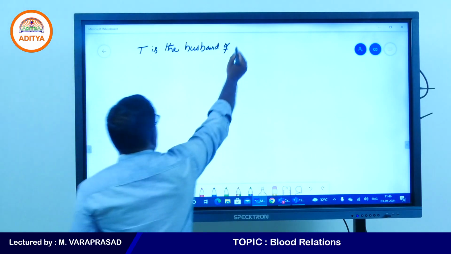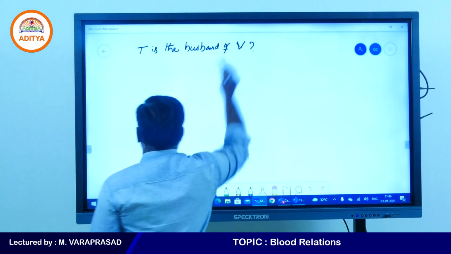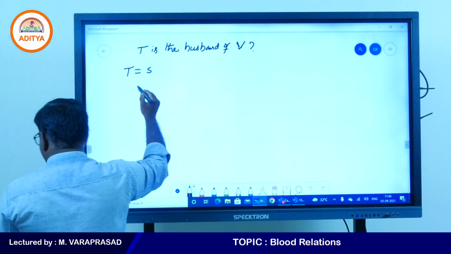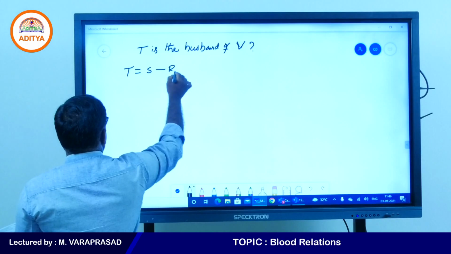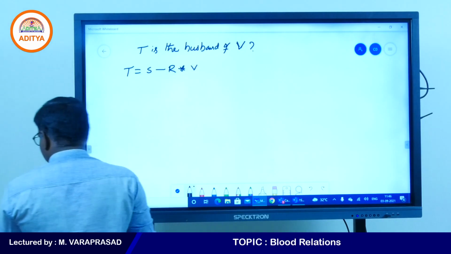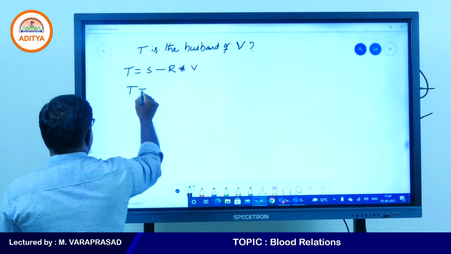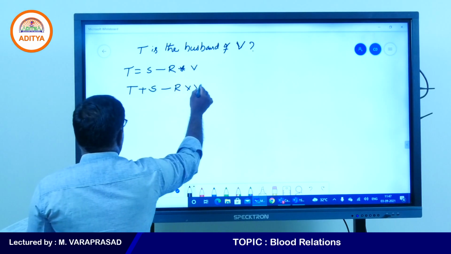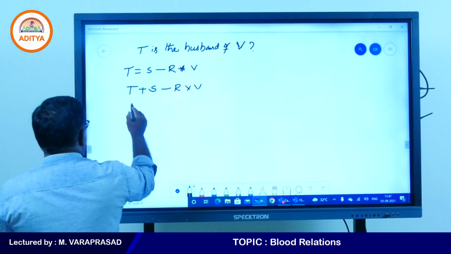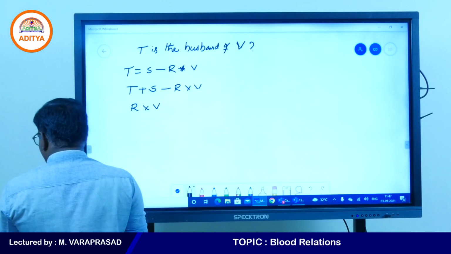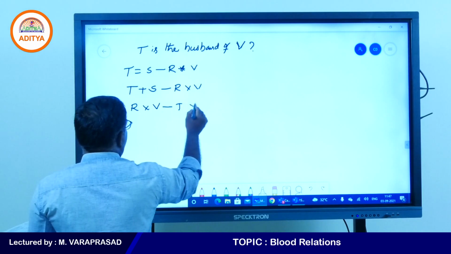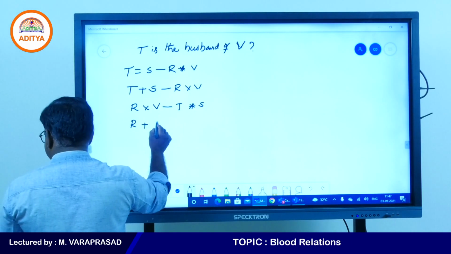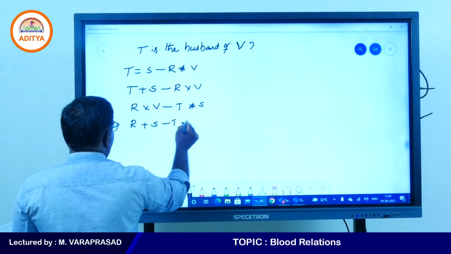Now the relations are given as: first, T minus T equal to S, T equal to S minus R star V. Next, T plus S, T plus S minus R into V. And third, R into V minus T star S. And fourth option, R plus S minus T into V.